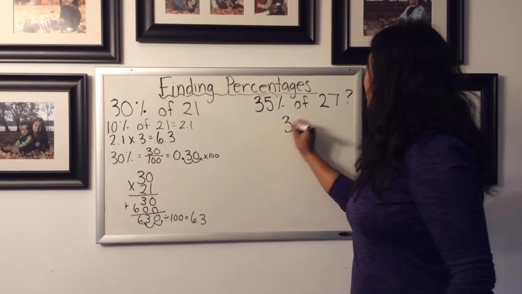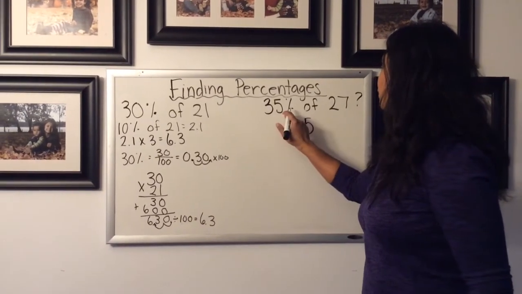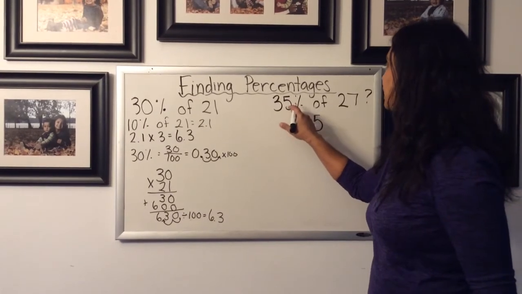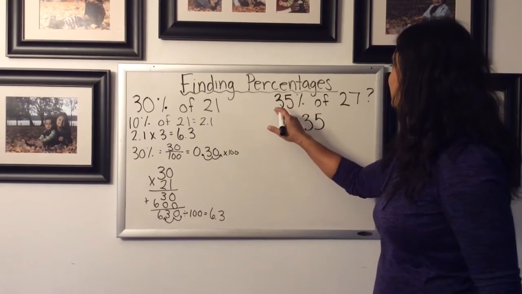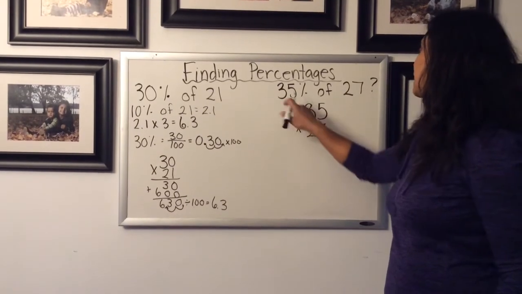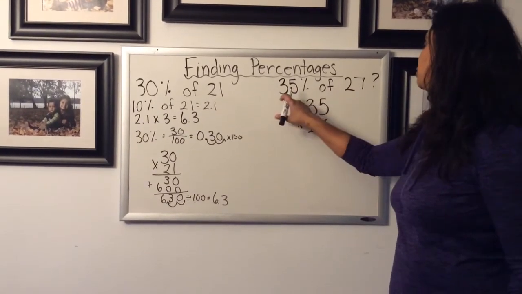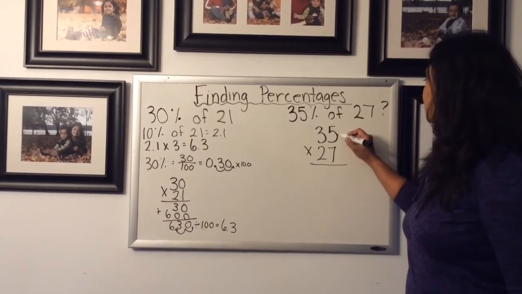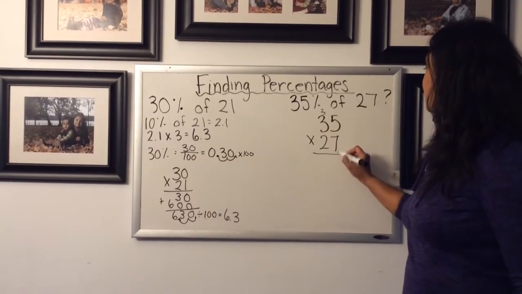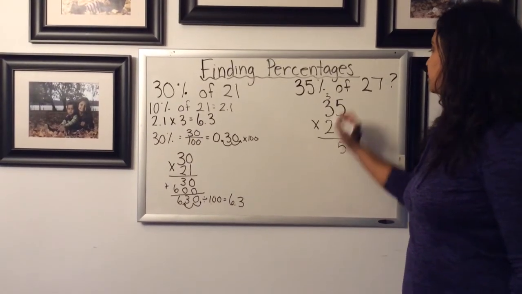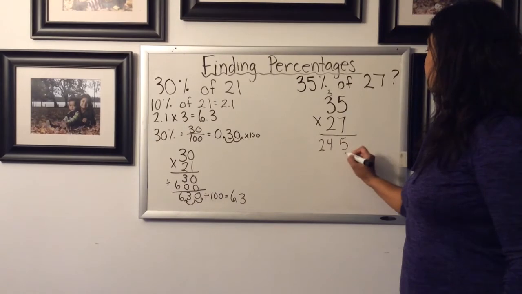So 35, okay, remember that this is 0.35 as a numeral, and then we multiply by 100, and we get 35 times 27. So just think to yourself, 35 times 27. You're just multiplying the two numbers here. Standard algorithm: 5 times 7 is 35, 3 times 7 is 21, plus 3 is 24.